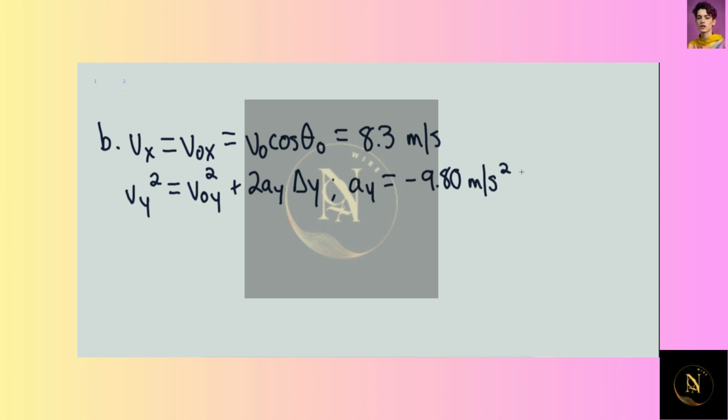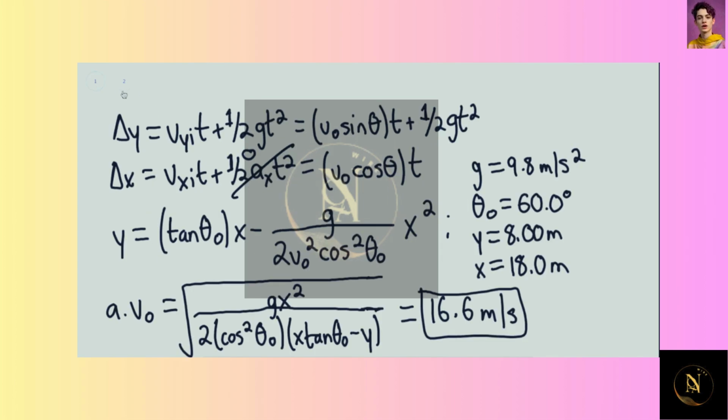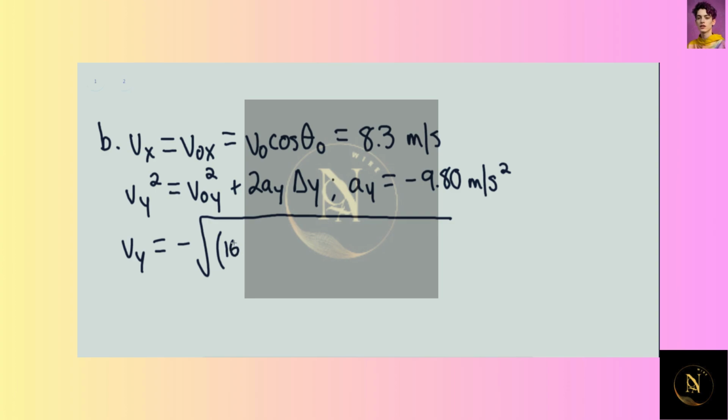And we can say that Vy final would be equal to negative the square root of v initial, which we have found as 16.6 meters per second, multiplied by sine of 60 degrees.